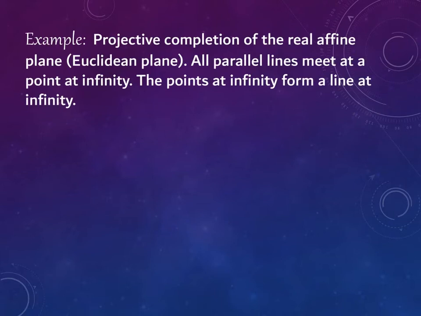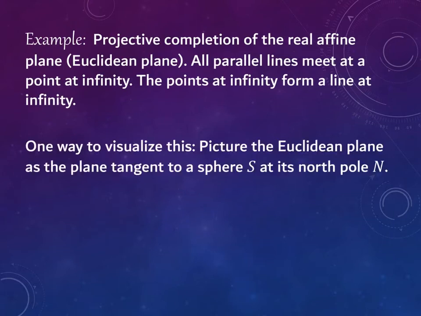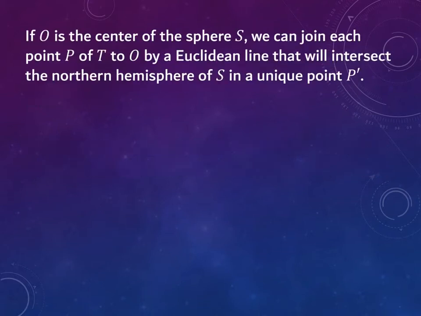The points at infinity form a line at infinity. And I want to show you another way to visualize this. I'll draw you a picture. I think I'll have space on this screen.